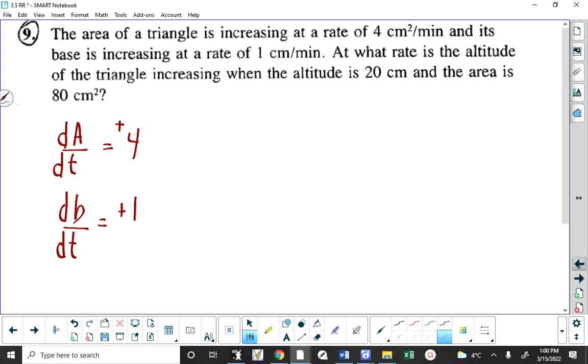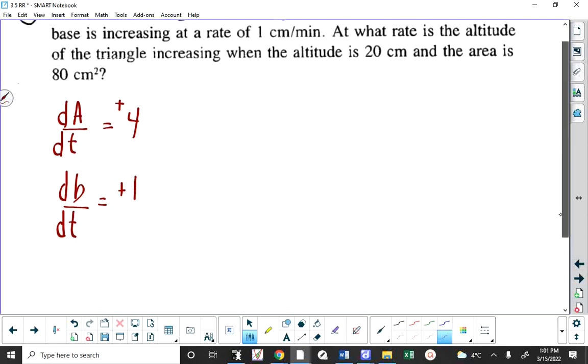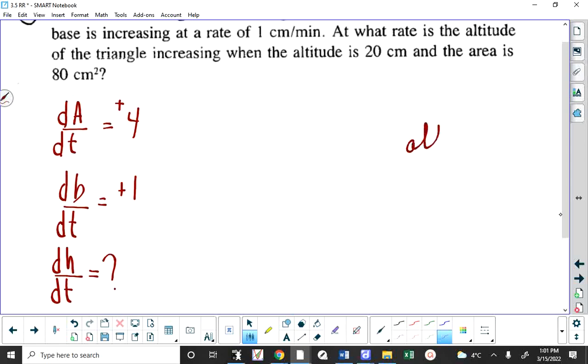And it says at what rate is the altitude changing? I don't know why, I just prefer the word height when it comes to triangles. I just don't like the word altitude.